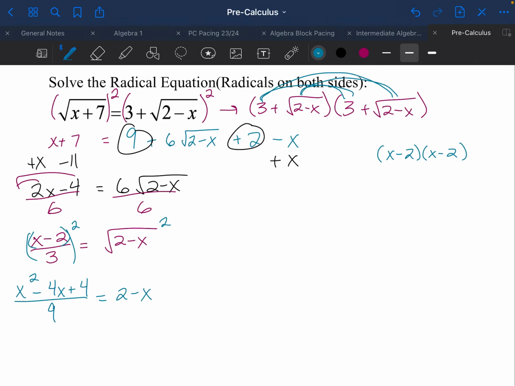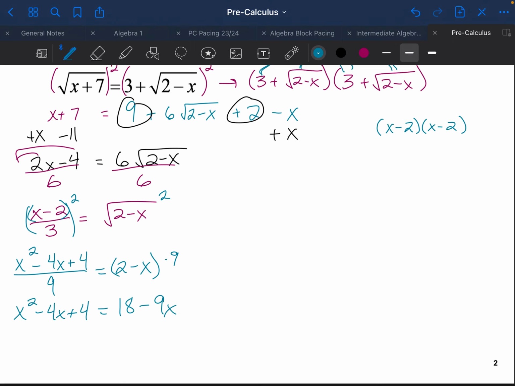What I would do is get rid of the fraction. That 9's kind of gross, so I'm going to multiply it over to the other side. I'm left with x squared minus 4x plus 4 equals, multiplying this entire thing by 9, 18 minus 9x. All right, we got a quadratic. I need to solve for x. The best way to do that is set it equal to 0, factor, and solve. So let's get 0 on the right.